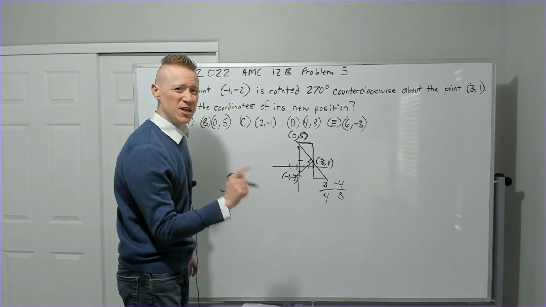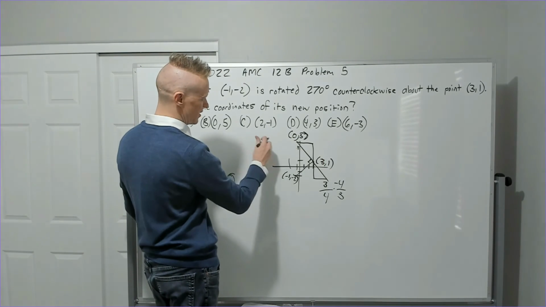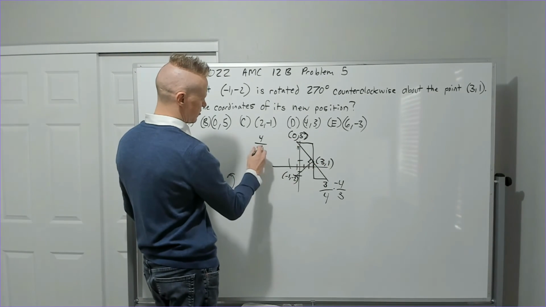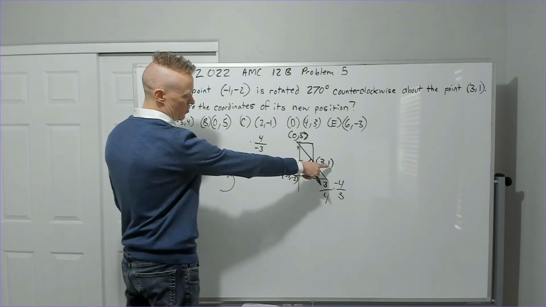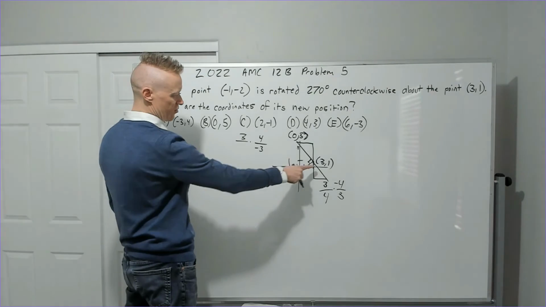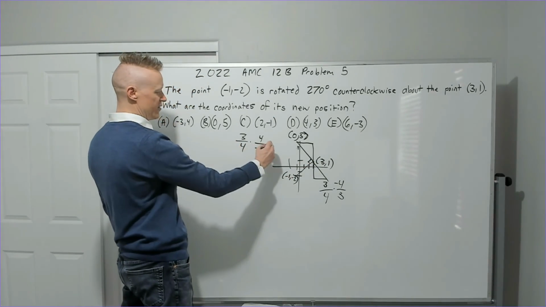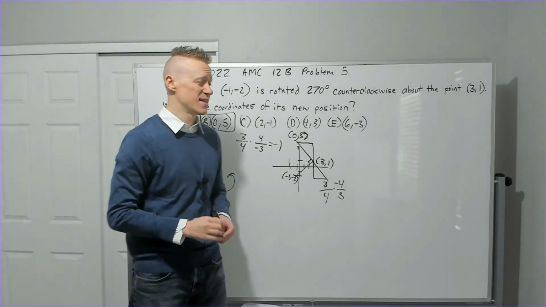As one last quick check to make sure we don't make a mistake, let's just check the slope. 5 minus 1 is 4. 0 minus 3 is negative 3. I want to make sure that when I go here, 1 minus negative 2, that's the rise, over 3 minus negative 1. If you multiply, you get negative 1. The answer is B. Let's get to problem 6.